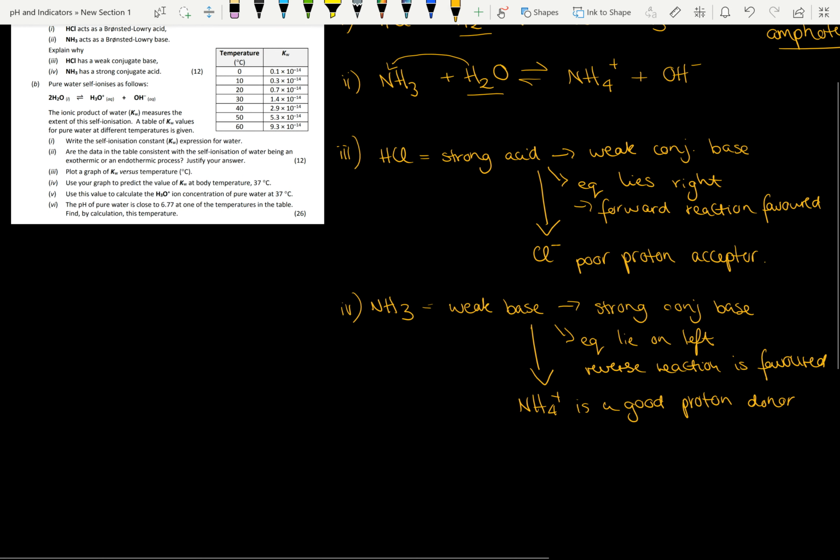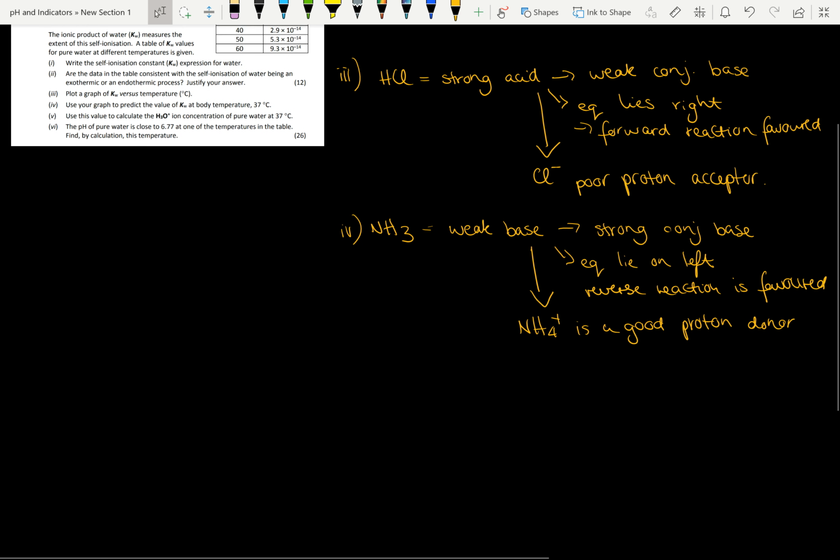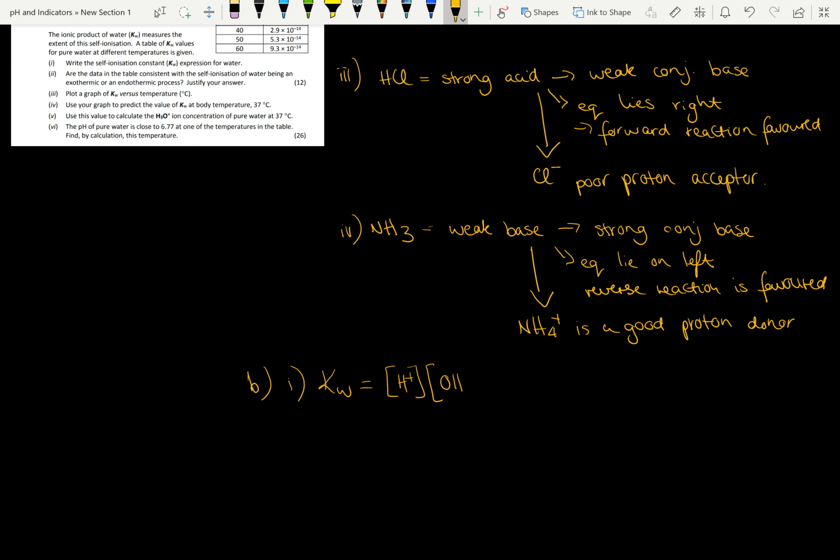Okay, part B. So part B gives us an equation for the self-ionization of water. And it asks us to write the self-ionization constant, or we would have called that the ionic product of water in class. So B part 1, Kw, we know is the product of the concentration of the hydrogen ions times the concentration of the OH- ions.